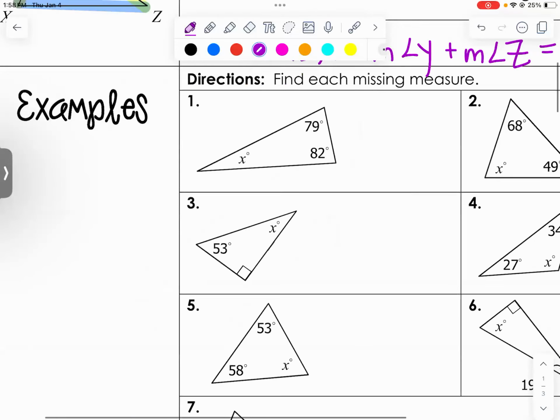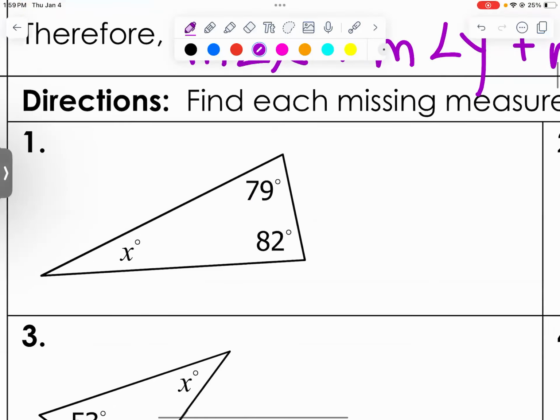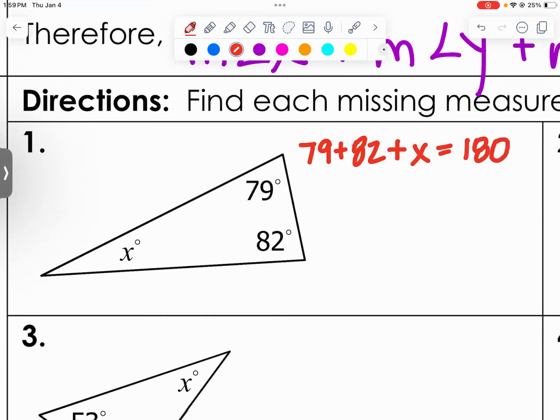Okay, so what I want you to do is look at this problem number 1. What do we know about these 3 angles? Okay, so we can say, oh, hey, 79 plus 82 plus X equals 180.